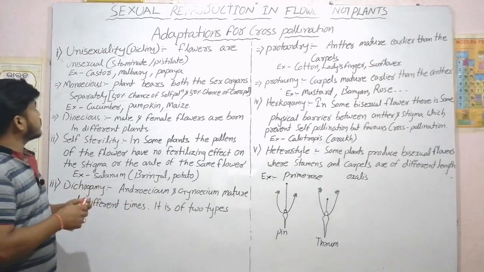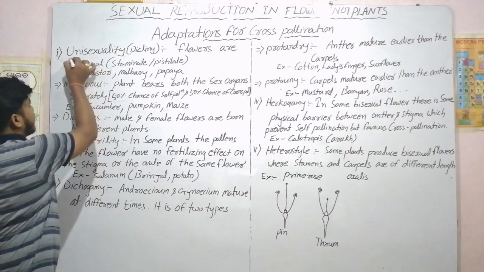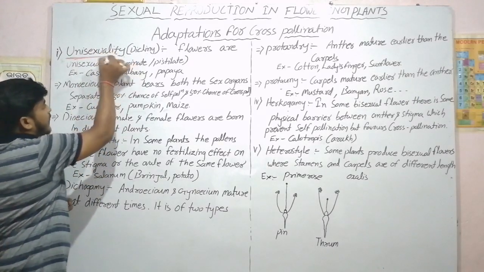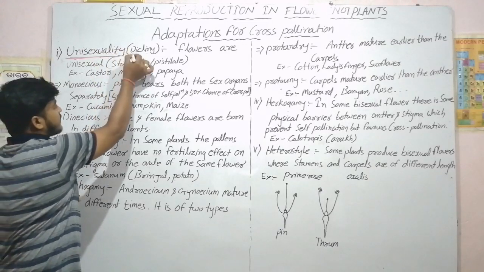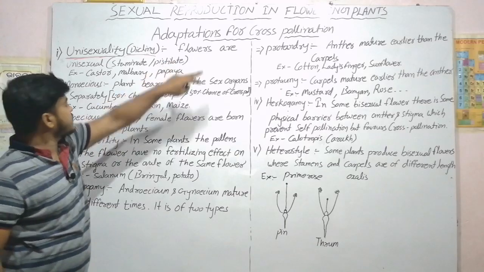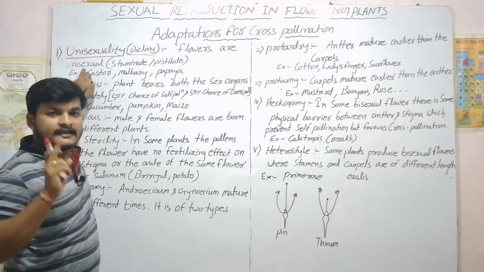So our first adaptation is unisexuality, commonly known as dichogamy. The term unisexuality: uni means single, and sexuality means containing a single sex. Flowers are unisexual, that means the flower contains a single sex organ.